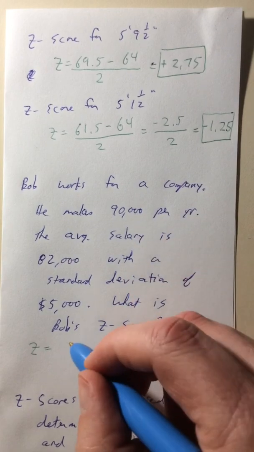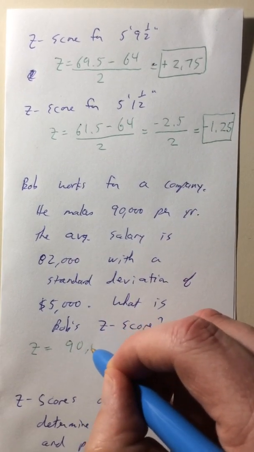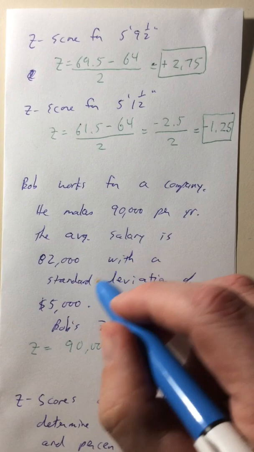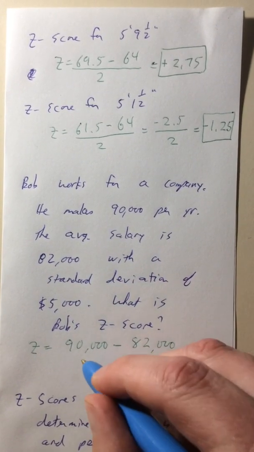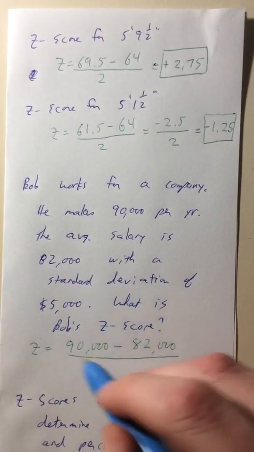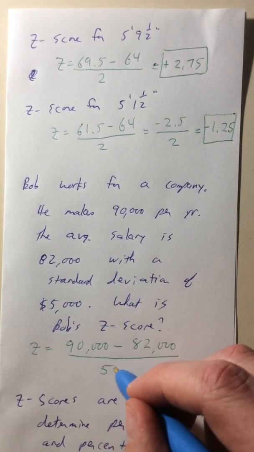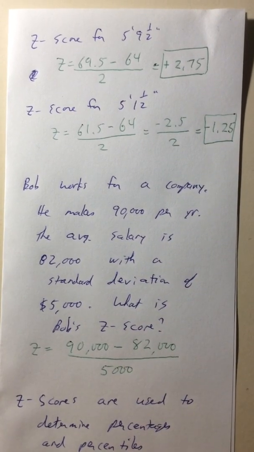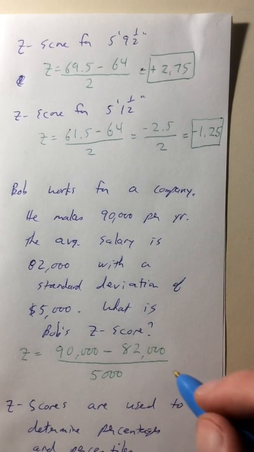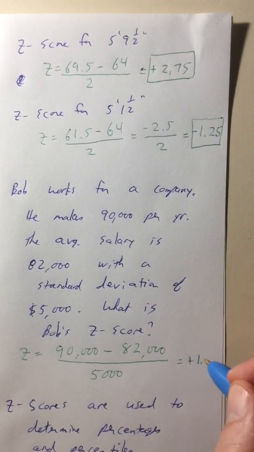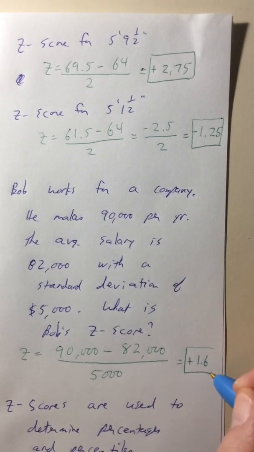So Bob's the data value that we're interested in, so that's 90,000, minus the x bar, or the average, 82,000, divided by 5,000, the standard deviation. So we got 8,000 divided by 5,000, which is 1.6. So Bob's z-score is positive 1.6. Pretty simple.